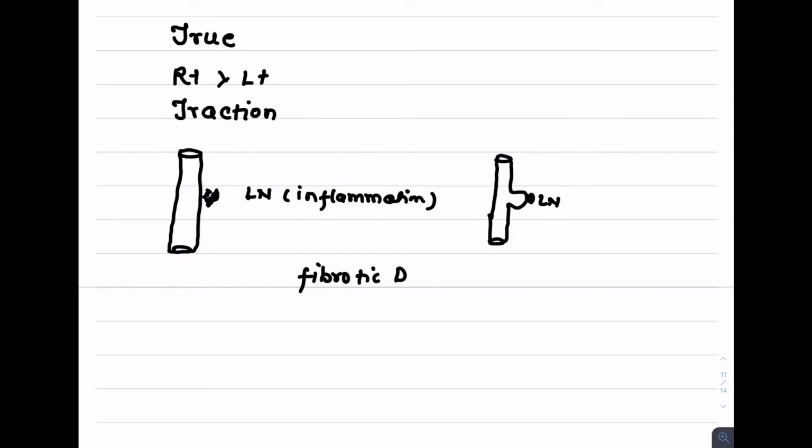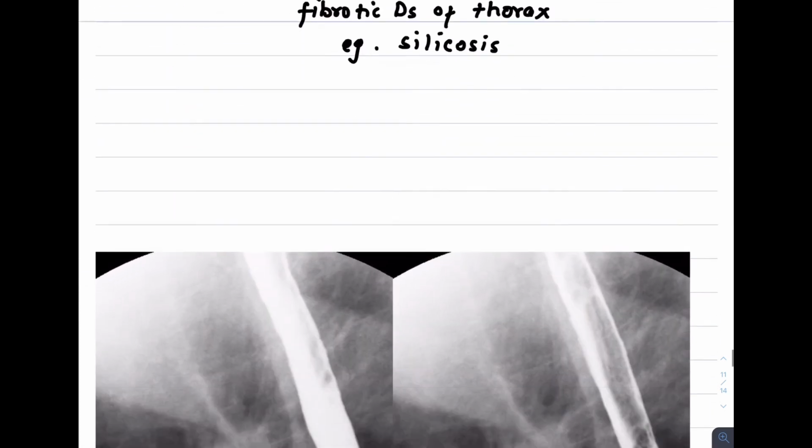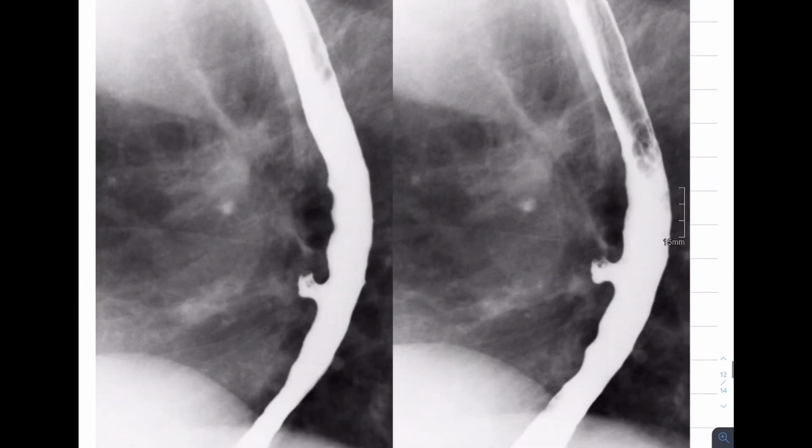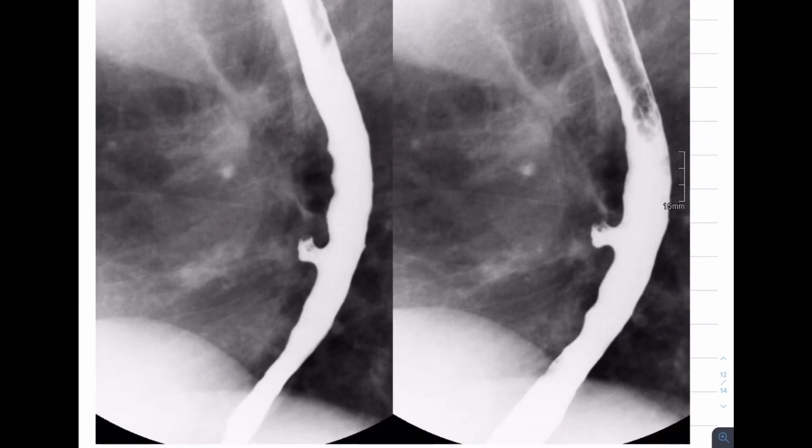Whenever you see the words fibrous band or fibrotic diseases, you should go for the traction type of diverticulum as your answer. Traction types are most commonly seen in the mid-esophagus. An example is silicosis, in which you have fibrotic bands. So this is a small mid-esophageal diverticulum. Barium swallow image.